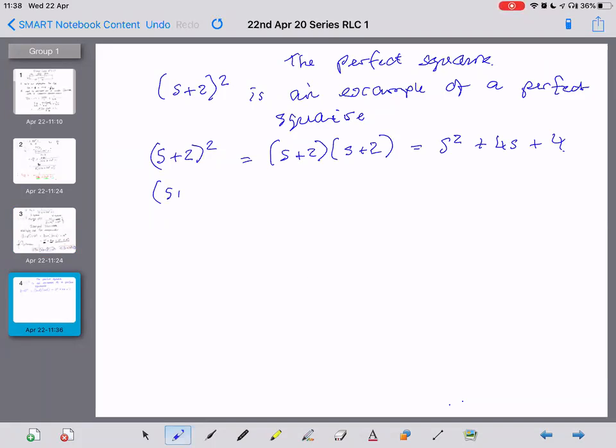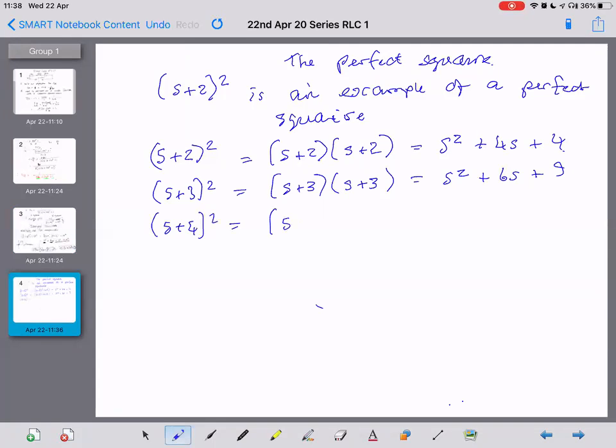Equally, if we do (s plus 3) squared, that's (s plus 3) times (s plus 3), s squared plus 6s plus 9. (s plus 4) all squared is s squared plus 8s plus 16.